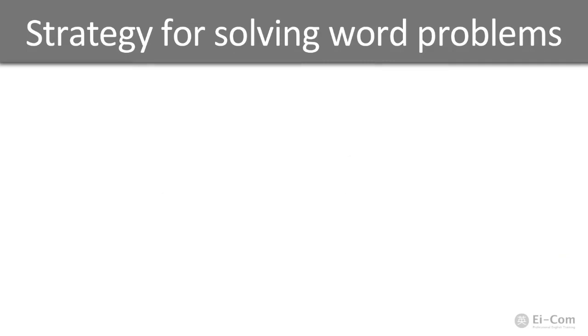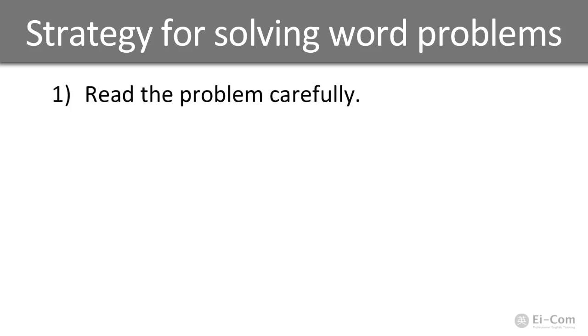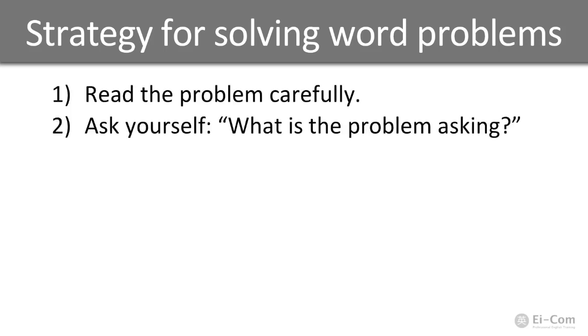Let's review our strategy for solving word problems. First, read the problem carefully. Then ask yourself, what is the problem asking? Next, draw a picture that shows the information that you know and information that you don't know.